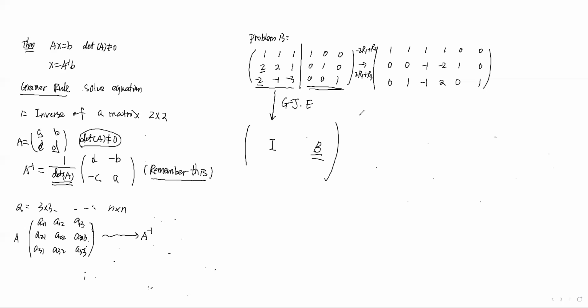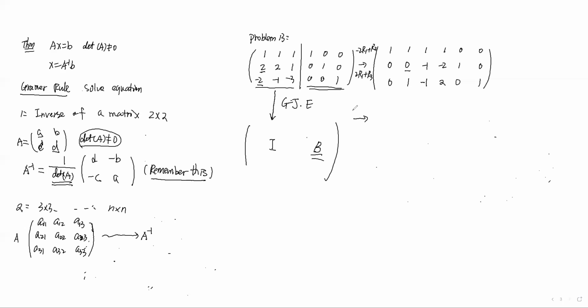Okay, so let's do the second step. I think I'm right. This place has to be 1, right? You have to make this place 1. Why? You cannot switch the second column and third column because that's forbidden. You can only do row operations.